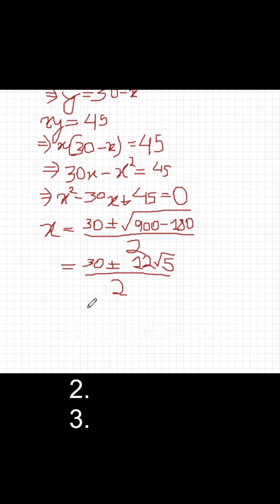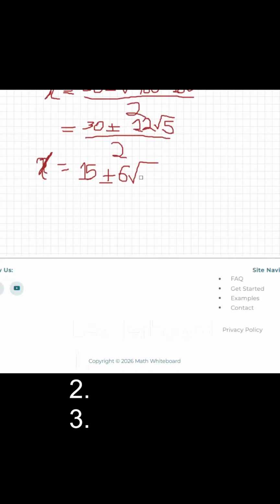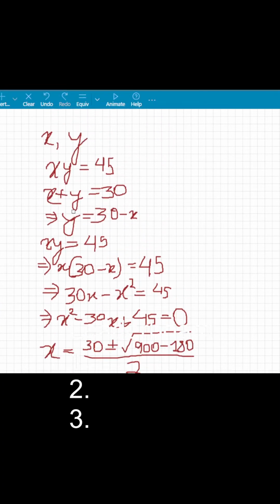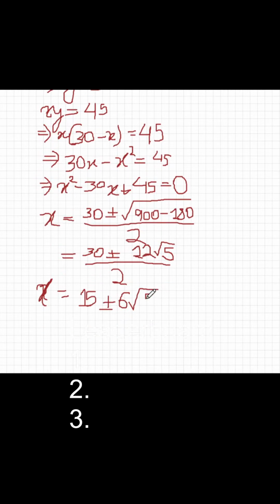So x becomes, if you divide by 2, 15 plus minus 6 root 5. Let me rewrite. So this will be 6 root 5. Yeah, so this is the answer.